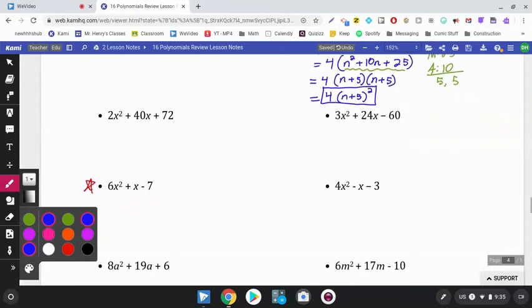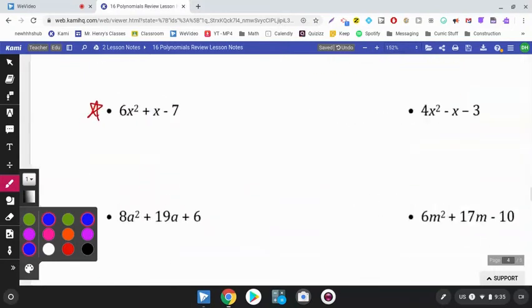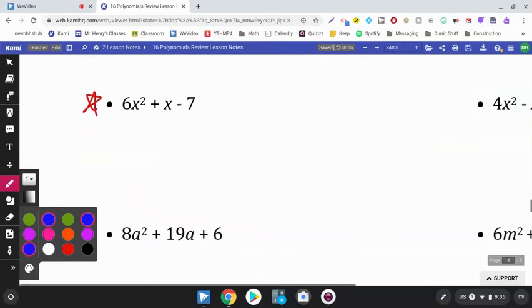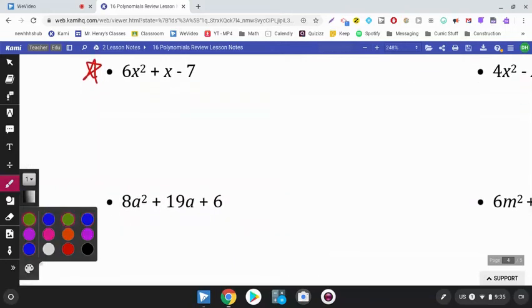Let's find another one to do. Okay, right here, 6x squared plus x minus 7. Always look for a GCF. No, I don't have one. Okay. Well, I have this coefficient of 6, so I can't use inspection. I'm going to have to use decomp.